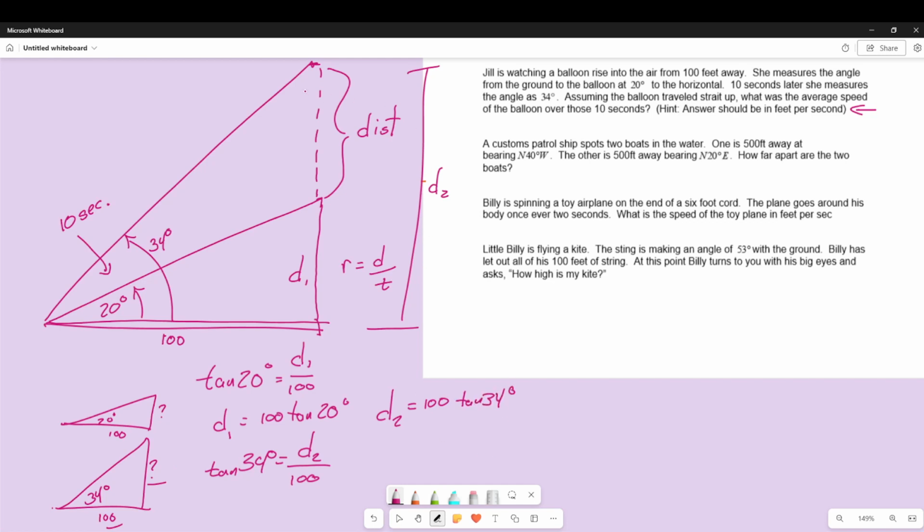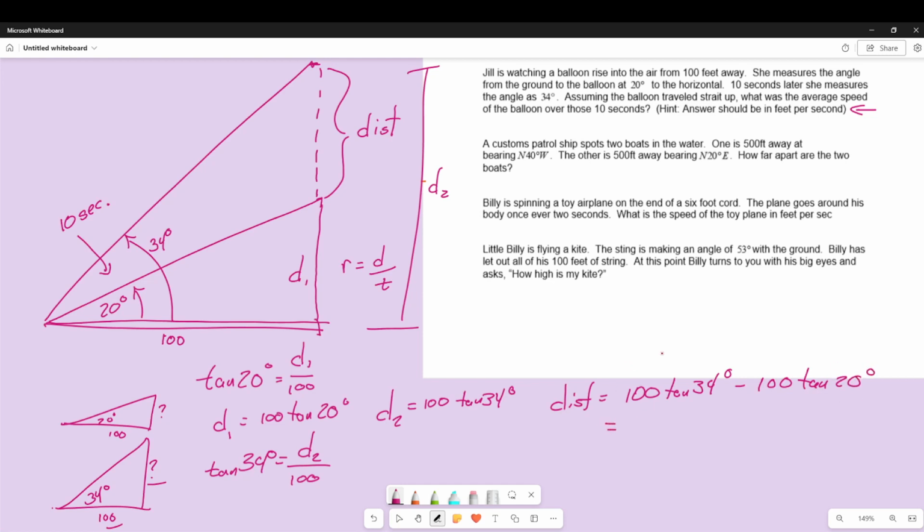So if we want how far it traveled in those 10 seconds, the total distance traveled, that's going to be our D2, our 100 tangent 34 degrees, minus the D1, the shorter distance, the 100 tangent 20 degrees.